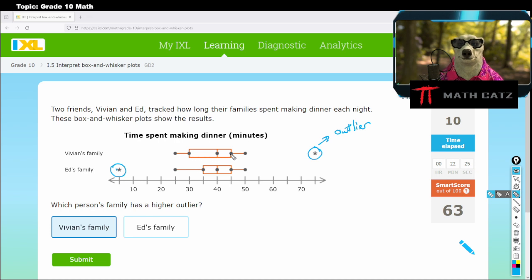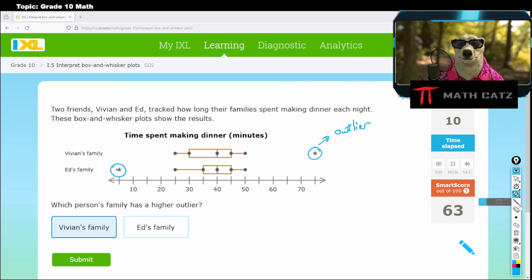So we can make some conclusions based on that: Vivian's family more often has these lower dinner times, whereas Ed's family, the first 25% is spread a little higher. The others are pretty much the same.